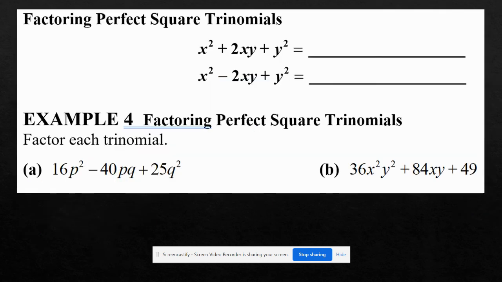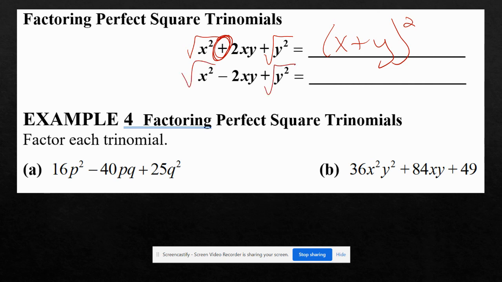Perfect square trinomials. Again, these are shortcuts. You can use them, but you don't have to. If you did notice that it was a perfect square trinomial, then you would square root each of those, and it would be those answers in parentheses added because of this plus sign here, squared.